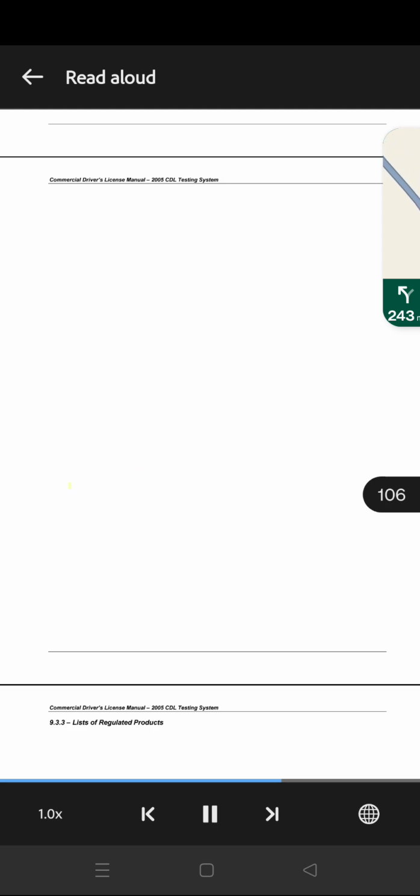ORM-D, Other Regulated Material, Domestic: food flavorings, medicines. Combustible liquids: fuel oil. Figure 9.1.